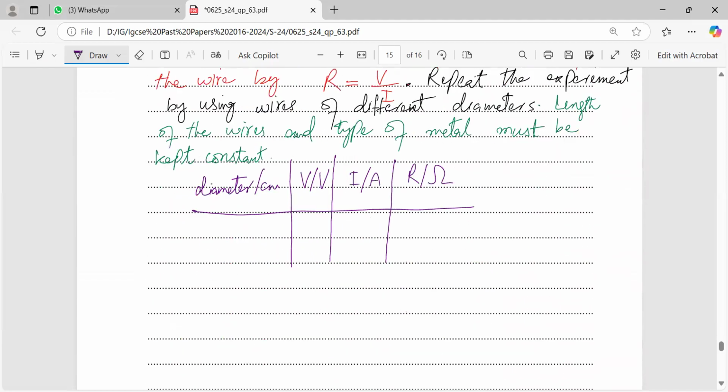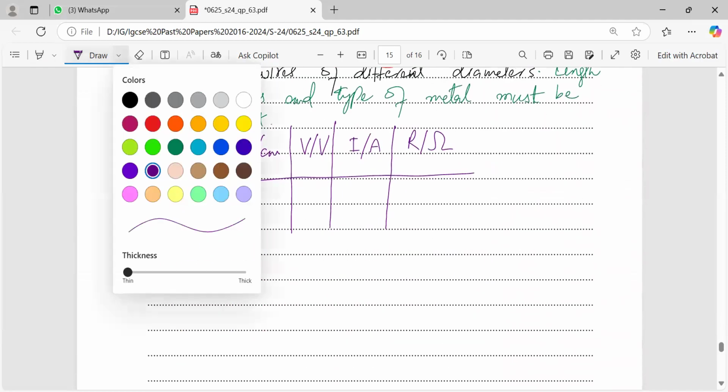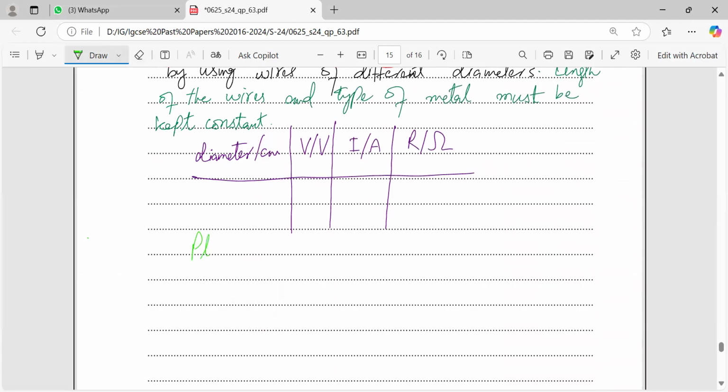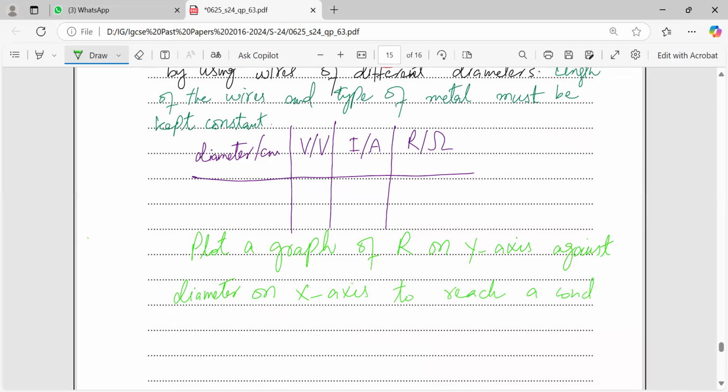So we can say plot a graph of resistance on the y-axis against diameter on the x-axis to reach a conclusion.